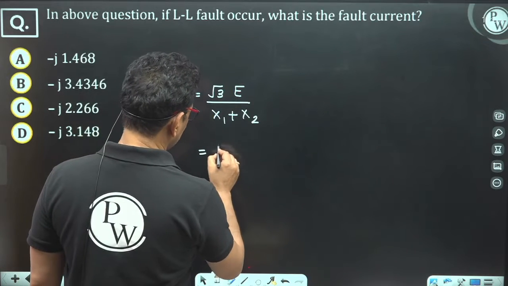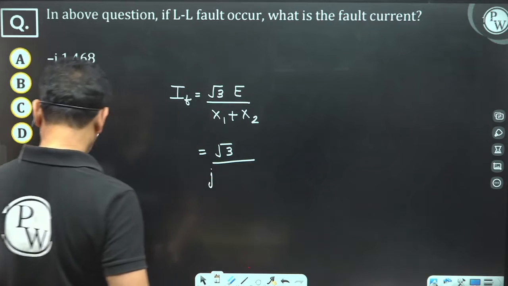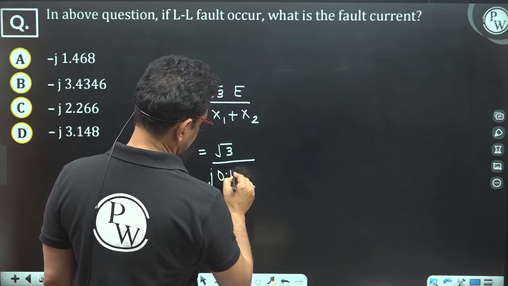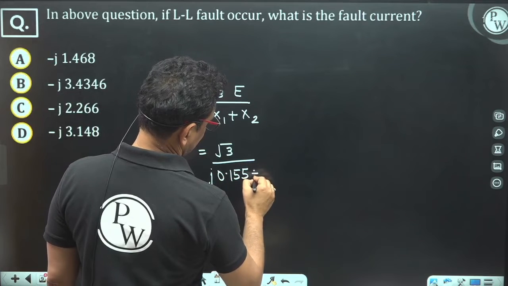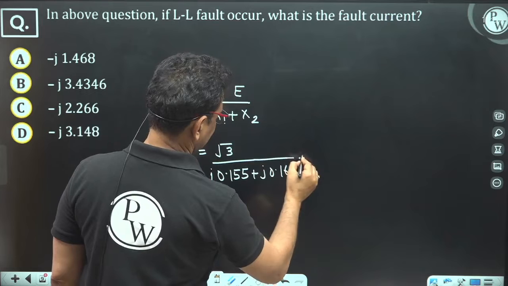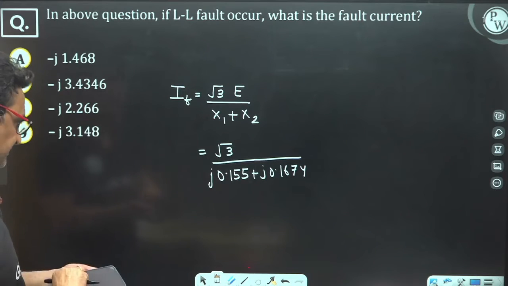So root 3 into 1 divided by X1 plus X2. X1 was 0.155 and X2 was 0.1674.